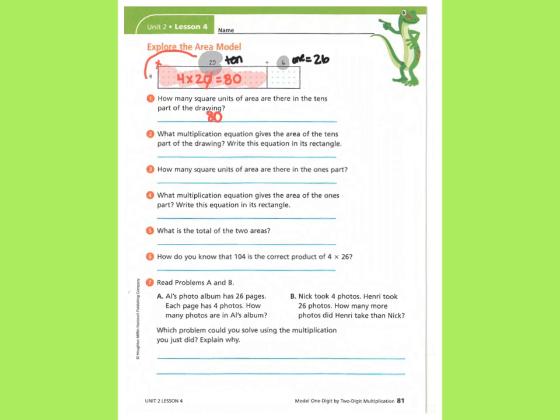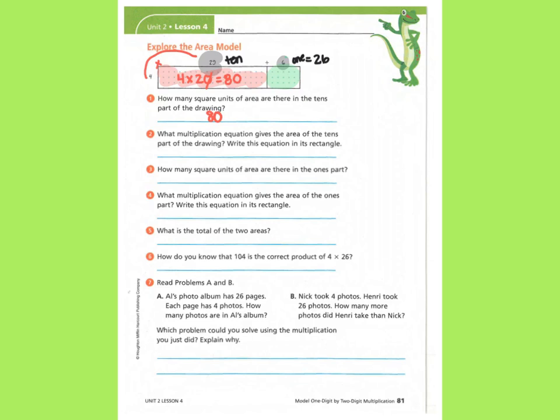Now they're asking how many square units are in the ones spot. Well, if I'm looking at my ones area over here, I don't have 20 across the top. I don't have 20 columns there. Instead, I only have 6 columns.